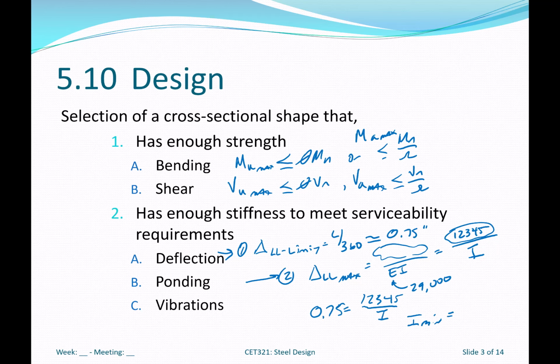I minimum, in this case for live load, would be 1, 2, 3, 4, 5 divided by 0.75. So I would need a moment of inertia of 16,640 to satisfy this deflection limit. Now between the two conditions, strength and deflection, I can pick a proper beam size.